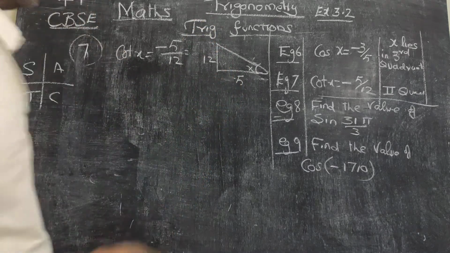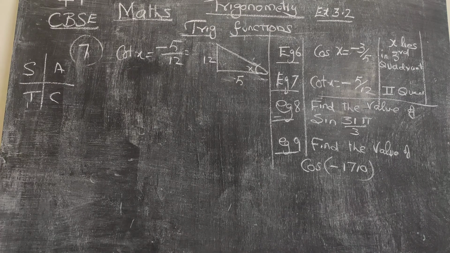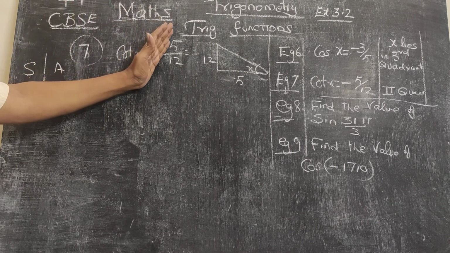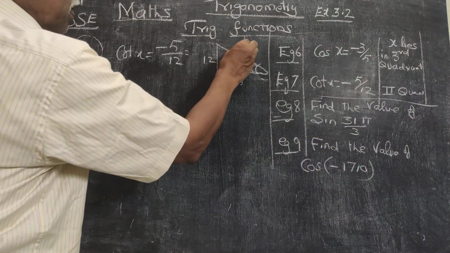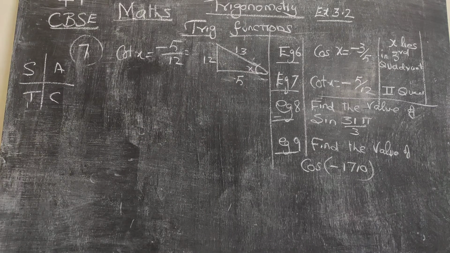Don't put minus and all, because that minus sign stands for in which quadrant it lies. So you write only the numerical value, 5 by 12. If it is 5, 12, you can easily remember that it is 13, because 5 square plus 12 square equals 13 square: 25 plus 144 is 169, square root of that is 13. So the third side, that is the hypotenuse, I have found out.